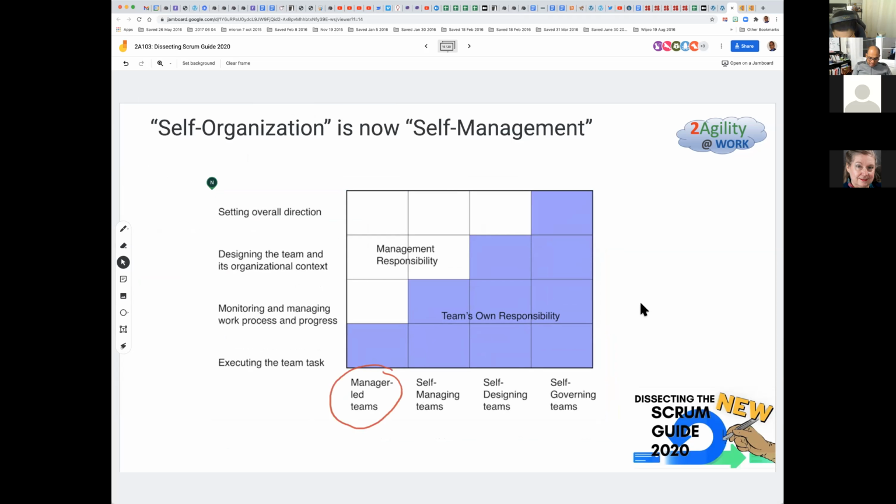So what happens is the team just follows what they're asked to do. And that's the first step in standard management: manager-led teams. So eventually, if there's a problem in the goals not being met, then often it's not the team's responsibility. So the bottom one is responsibility.